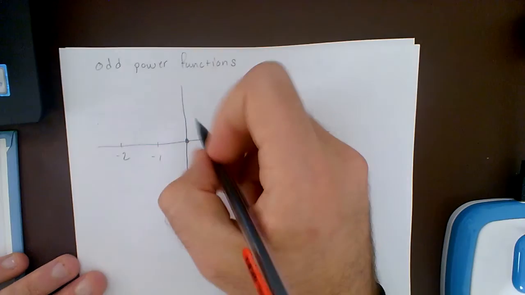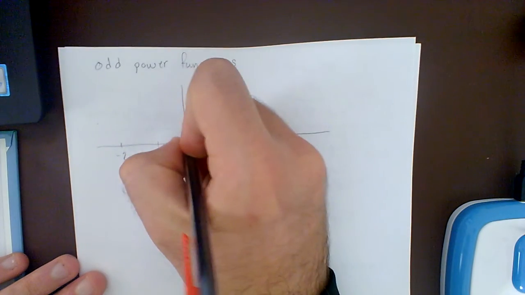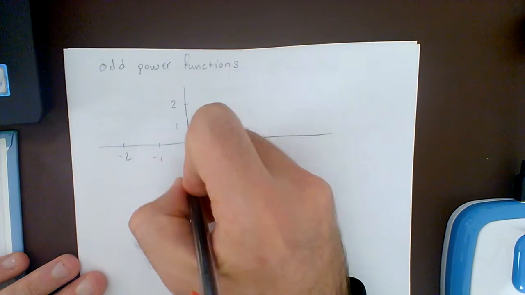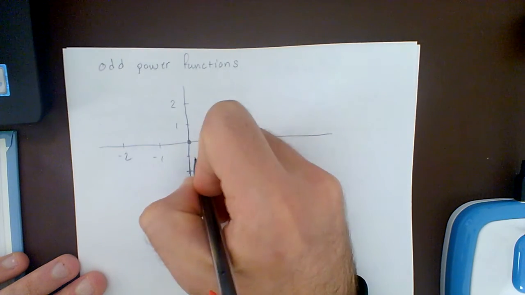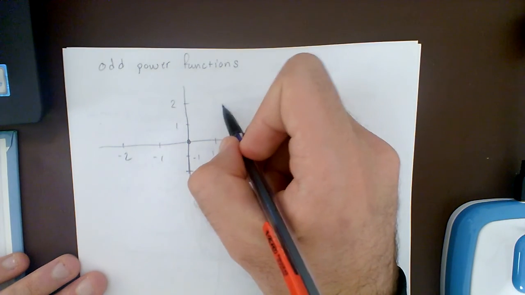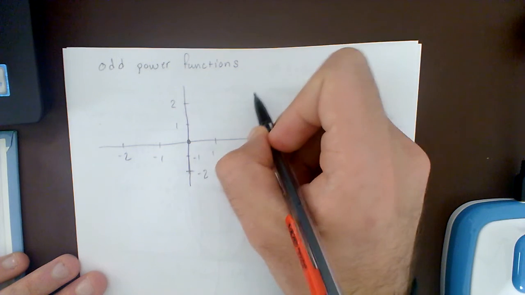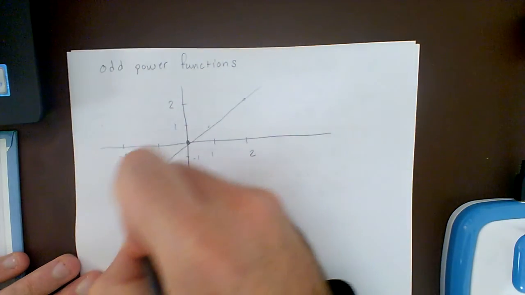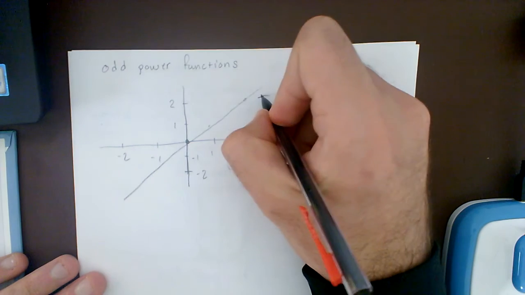Okay, so the first odd function is just the straight y equals x. So that one right there.